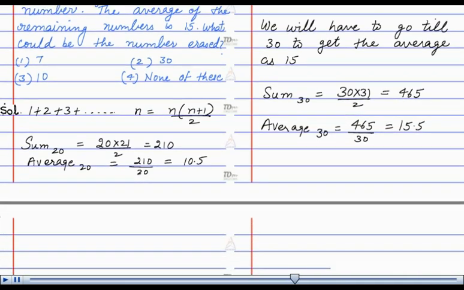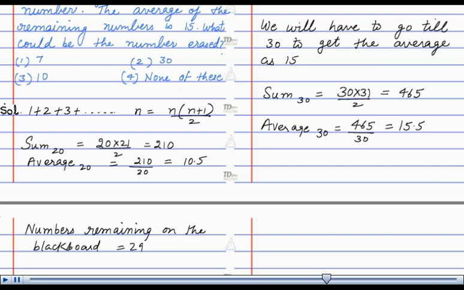Now since one number is erased, numbers remaining on the blackboard are 29, and since the average of the remaining numbers is 15, the total sum of the remaining numbers is given by 29 into 15, which is equal to 435.